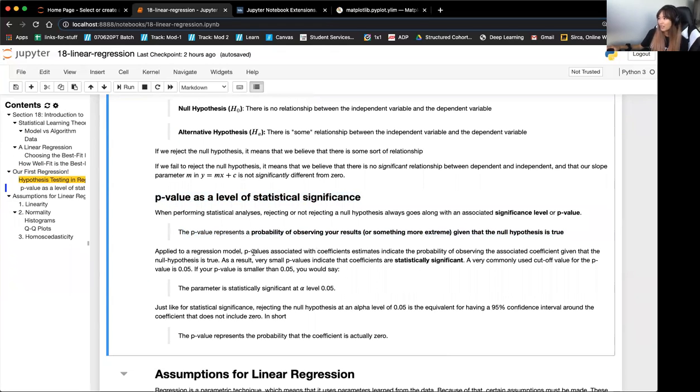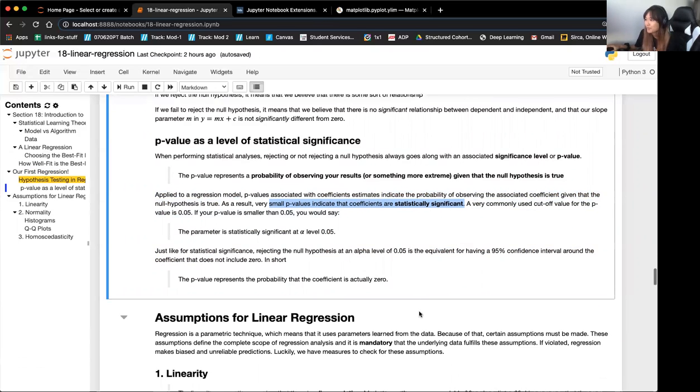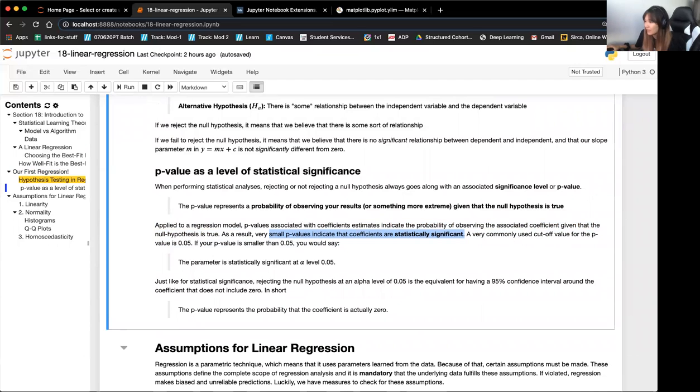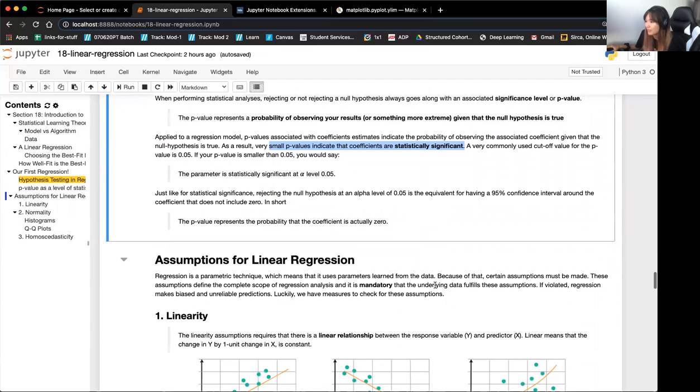So p-values associated with coefficient estimates indicate the probability of observing the coefficient given that the null hypothesis is true. This is just a roundabout way of saying what we already know. Small p-values indicate that coefficients are statistically significant. So as Kishore mentioned, we want small p-values. Cool. All of this we already went through.